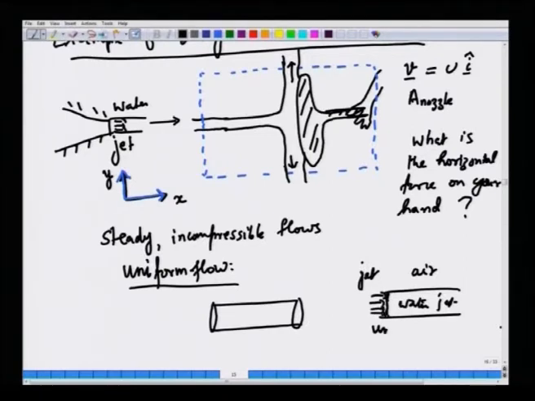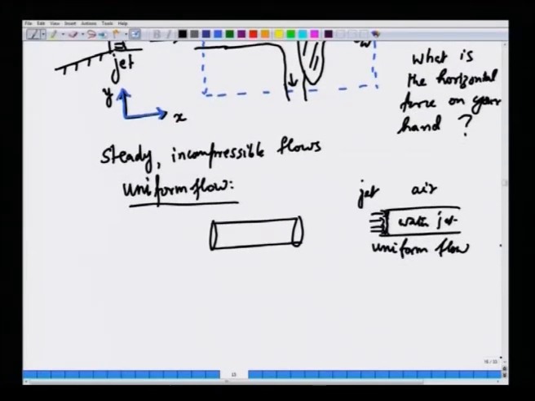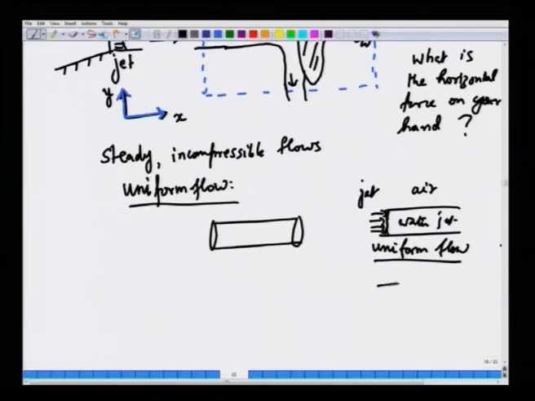Such a flow is called a uniform flow. And for water jets that exit from a nozzle to a free surface, it is a very good approximation to treat the flow as uniform, because in reality also the velocity vectors are constant, they are independent of the cross section. Okay. So, this is an example of uniform flow. The velocity vector is independent of the cross section.